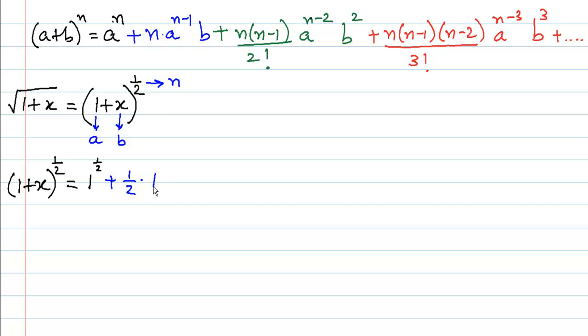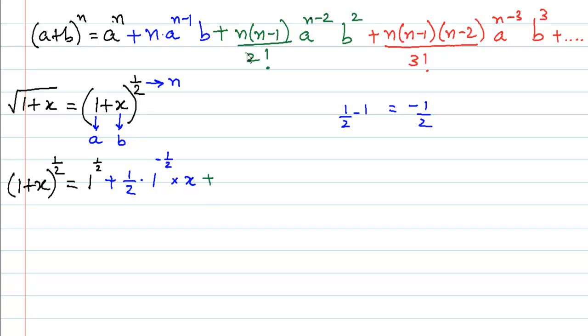So we have a, which is 1, raised to n minus 1. n is 1 upon 2, so 1 upon 2 minus 1 is minus 1 upon 2. So we have 1 raised to minus 1 upon 2, and b is x, so into x.